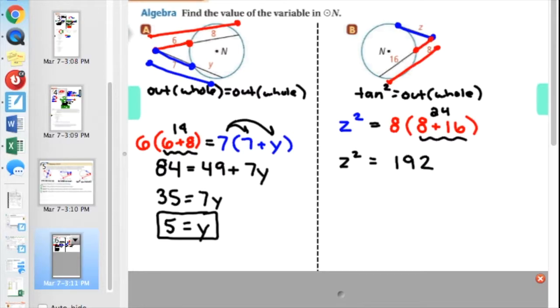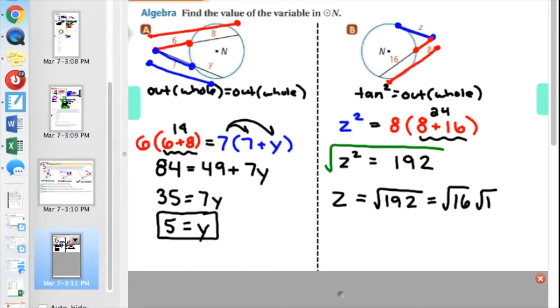So then I'm going to take the square root of both sides. Now, side note, you should be putting a plus or a minus, but because z represents a length of a segment, we're only worrying about the positive root. Now, this is why we've been practicing simplifying square roots since the very first day of class. All right, so I need two numbers that multiply to get me 192. Well, the first two numbers that popped into my head were 16 and 12.